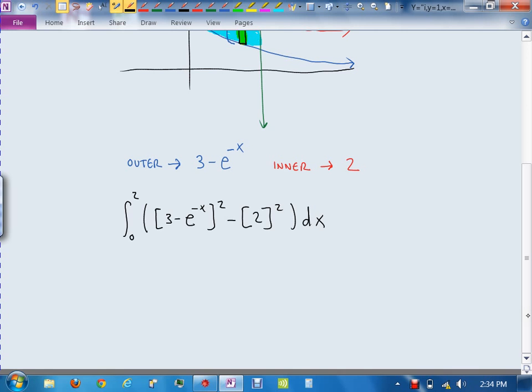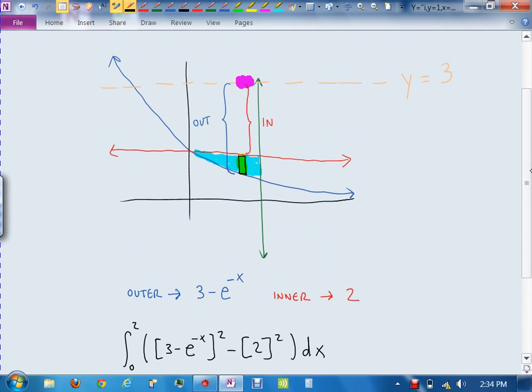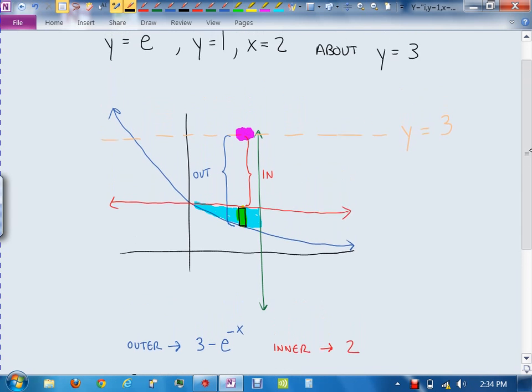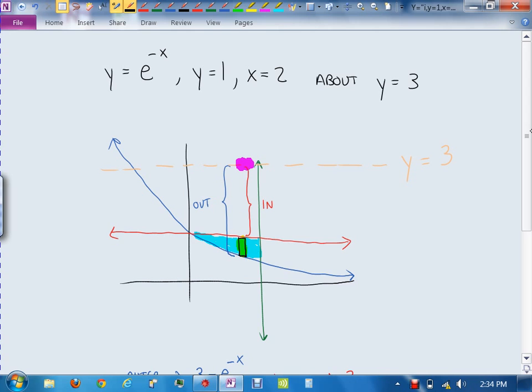Yes. If you're standing on the purple and you're trying to measure the distance to the red, you know the distance from here all the way to here is 3, and the distance from here to here is 1.